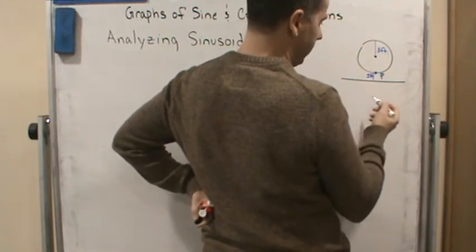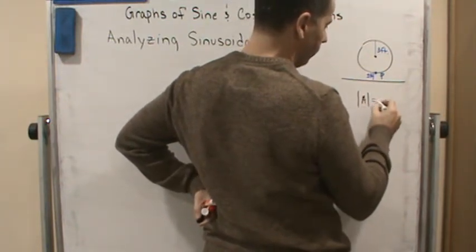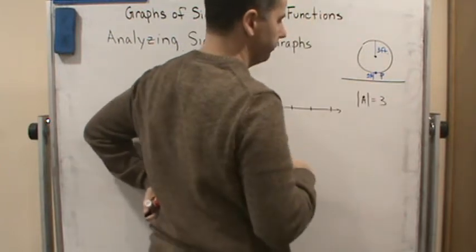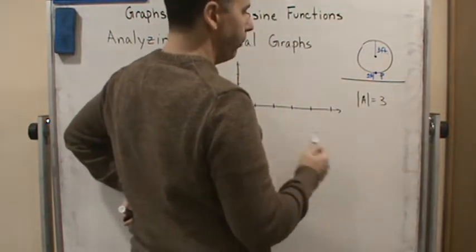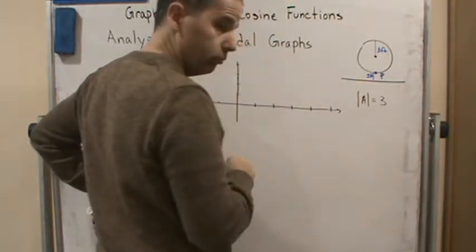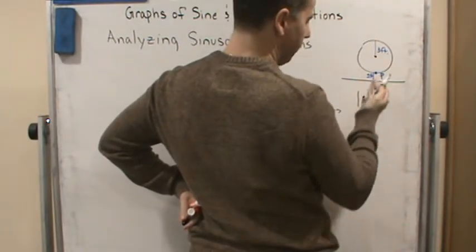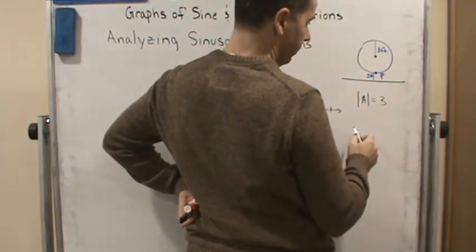What's the amplitude of this thing? The amplitude is 3, right? Now where's the midline? Well, if we consider the ground 0, y equals 0, so this is a vertical shift upward. Okay?